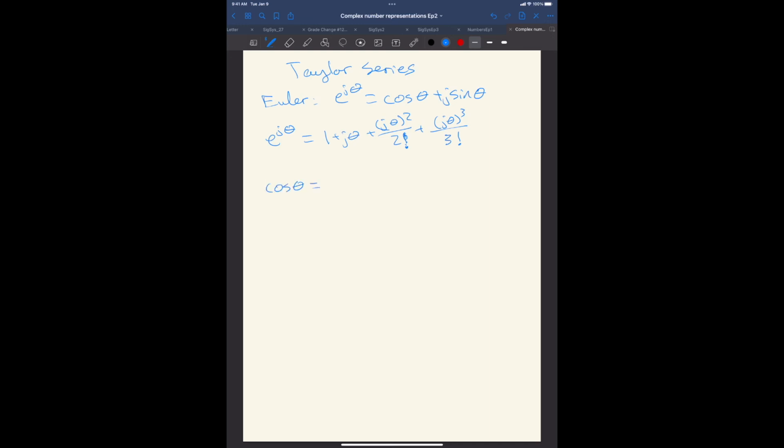Cosine theta has a Taylor series, which you might recall is 1 minus theta squared over 2 factorial plus theta to the 4th over 4 factorial and so forth.